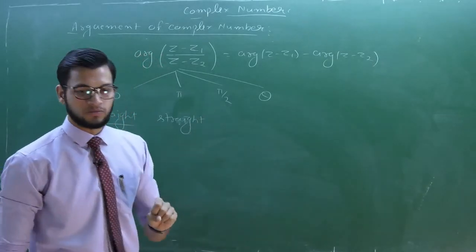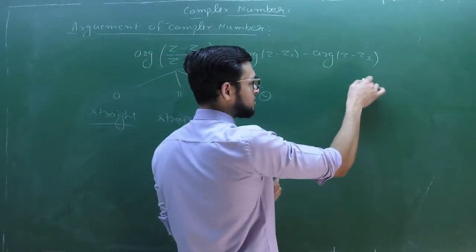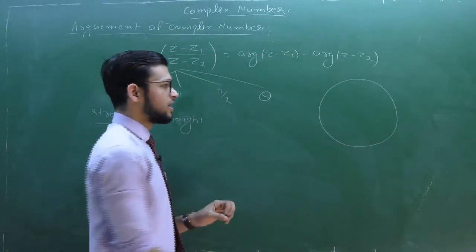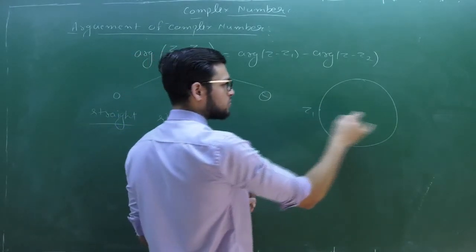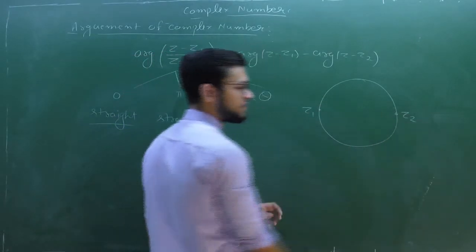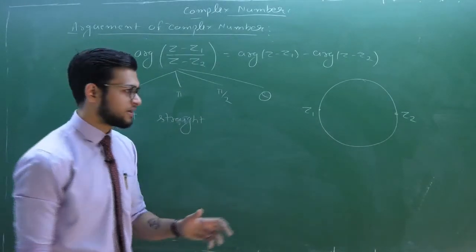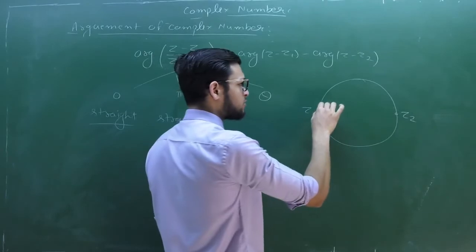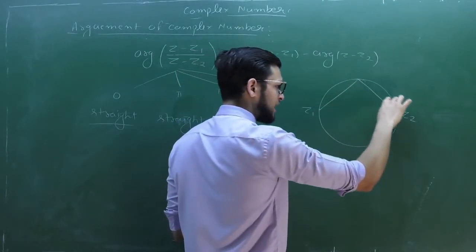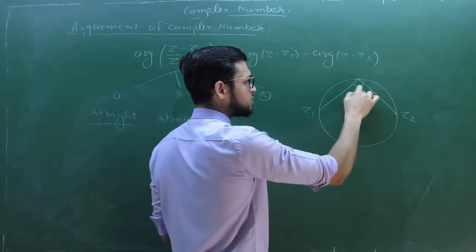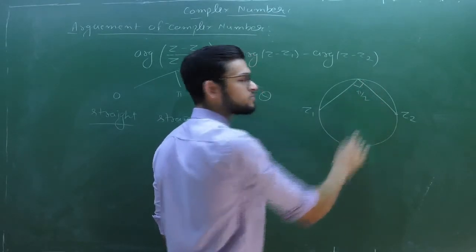Now we have pi by 2. As we all know, in a circle, if z1 and z2 are the ends of a diameter, and we join z1 and z2 with any point which lies on the circumference of the circle, then this angle will definitely be 90 degrees, or pi by 2.